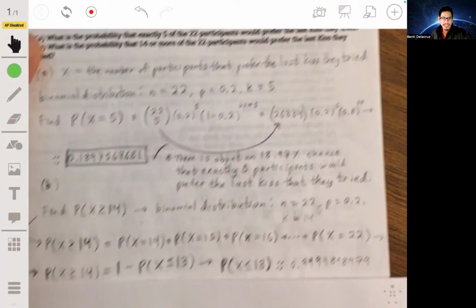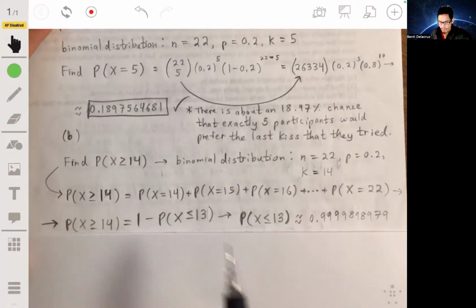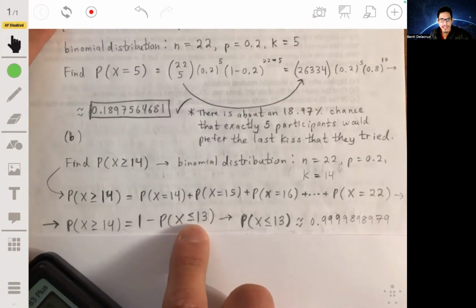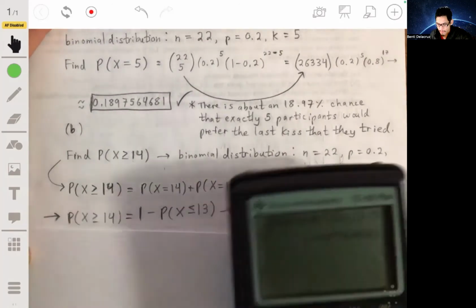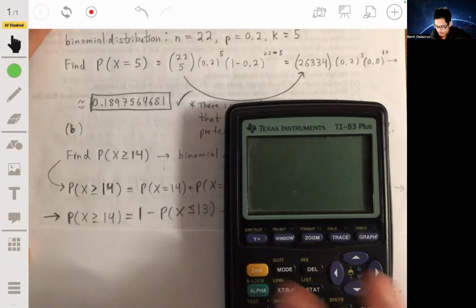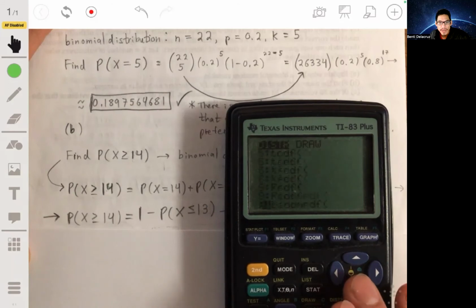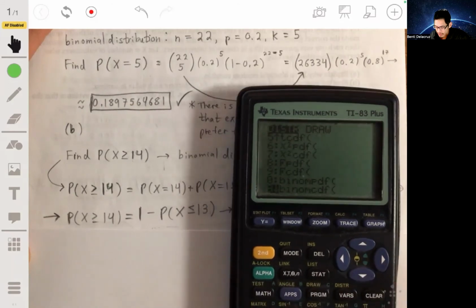So that's what I did here. I find the probability that x is less than or equal to 13. So I go to distribution, and I go to binomial CDF, cumulative distribution function, and memorize the syntax: n, p, k, but this time it's less than or equal to k.